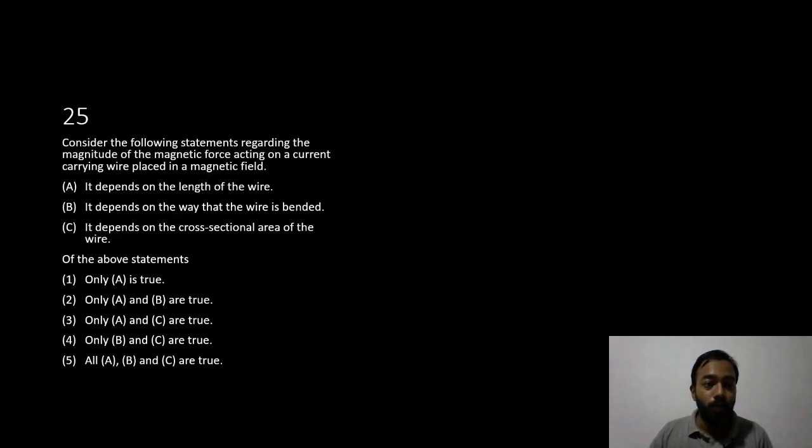Question number 25. Consider the following statements regarding the magnitude of the magnetic force acting on a current carrying wire placed in a magnetic field. The force on a current carrying wire kept in a magnetic field is given by F equals BIL sin theta.